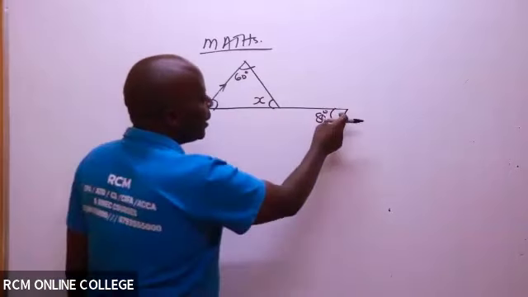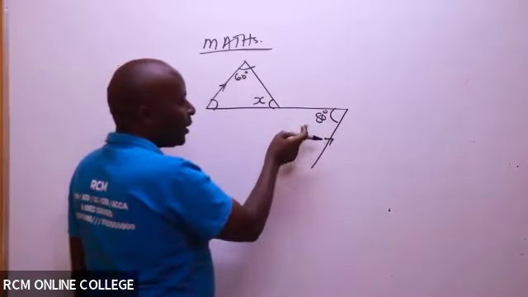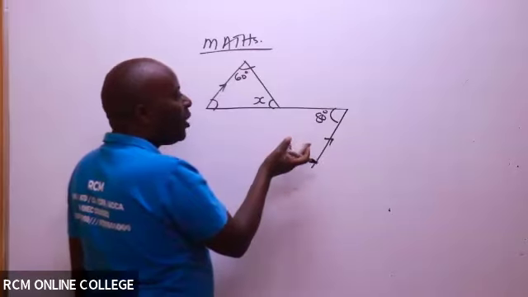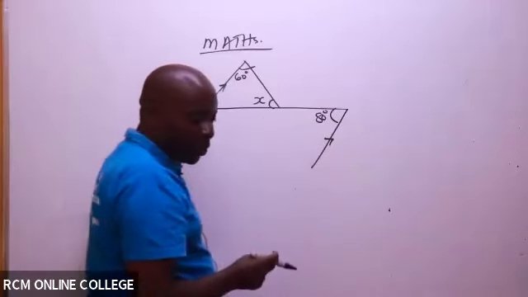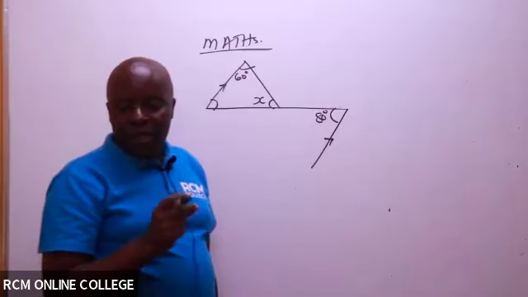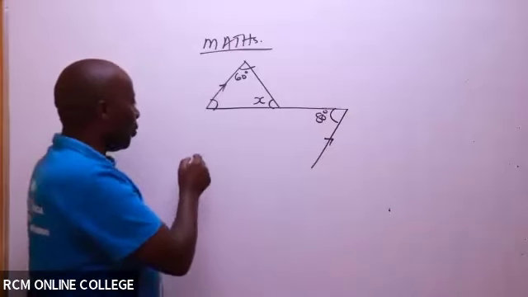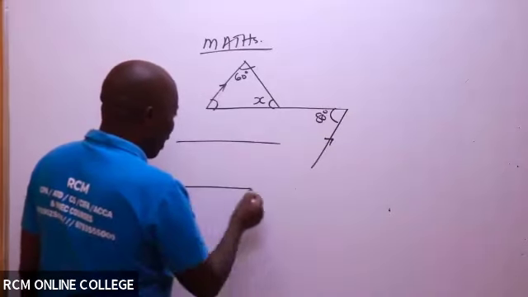Because this is parallel to this one. And if the two are parallel, then we expect alternate angles to be the same. How do we identify these alternate angles? Remember what you are told in your normal class.